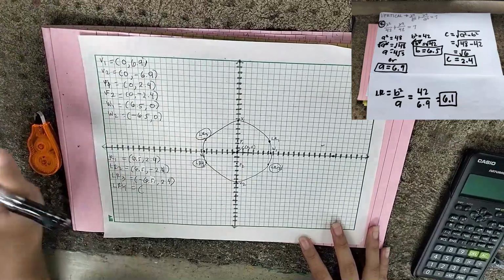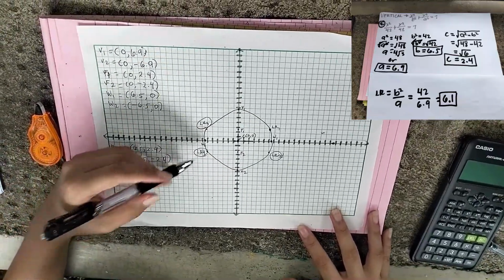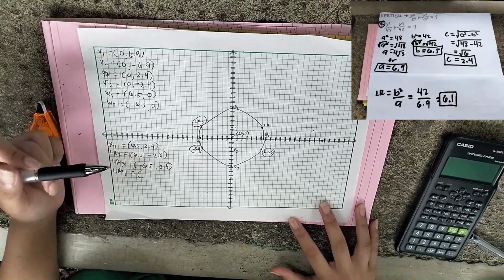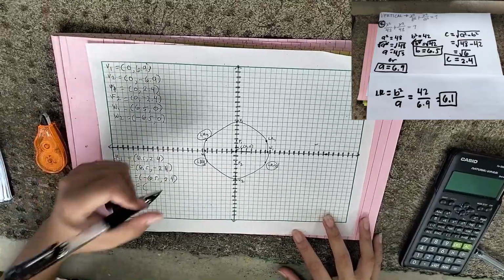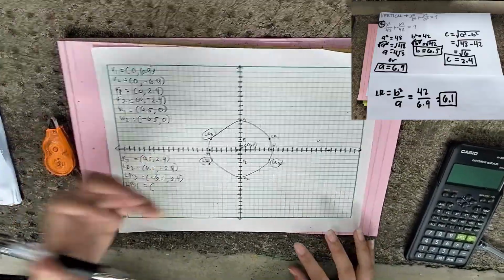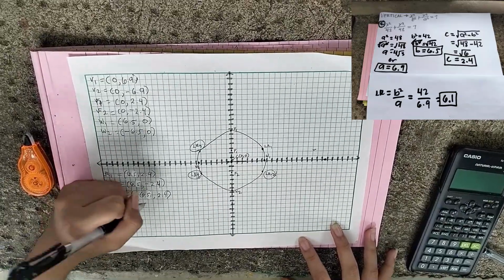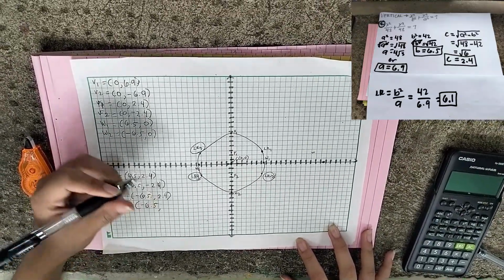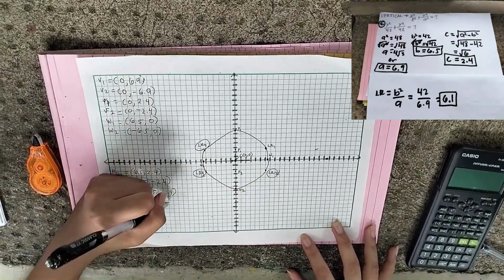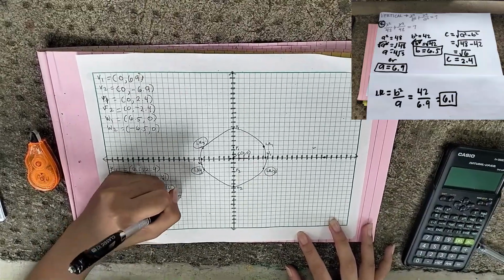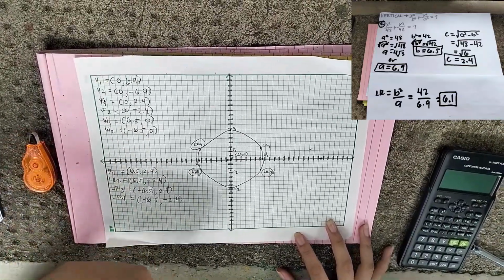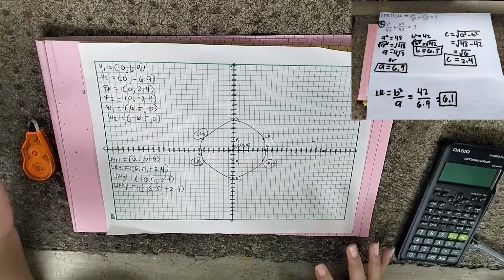So it's all negative signs. So first, since it is aligned with our co-vertex, which is in the x-intercept, we have to put the value first. So that is negative 6.5, and then the focus, which is negative 2.4. And that's it. You have the value of your points now.